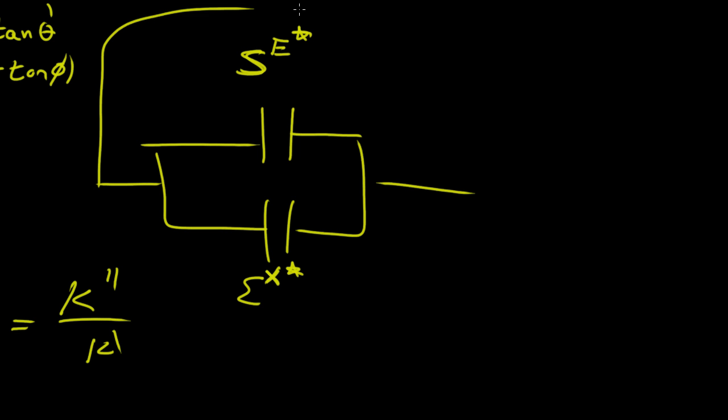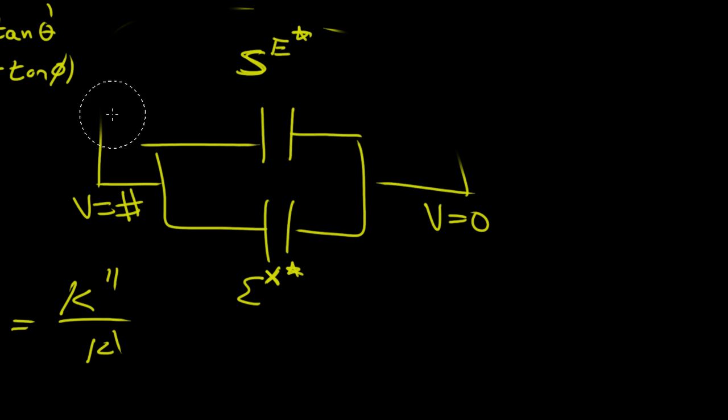And with this we apply an electric field across V equals 0 and V equals, say, some number, and therefore the current or the stored energy in this case would be lost and stored according to these specific values.